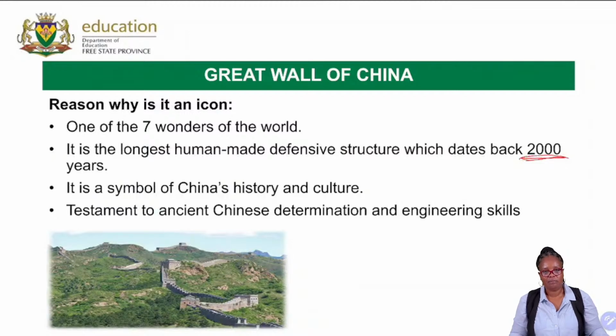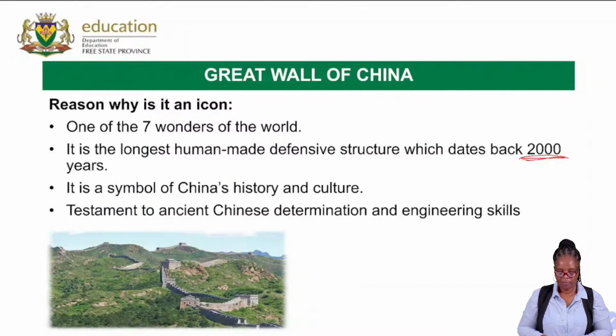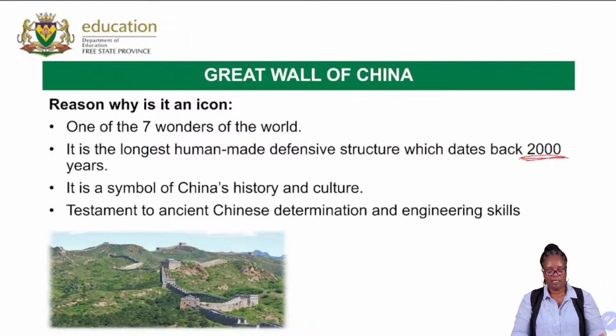Why is it an icon? Remember, it's a Great Wall of China. It is a symbol of China's history and culture. It's about the history and culture of the Chinese people. What type of tourists will visit this icon? That's a homework. Then, when you look at the wall, you can see how it has been built.